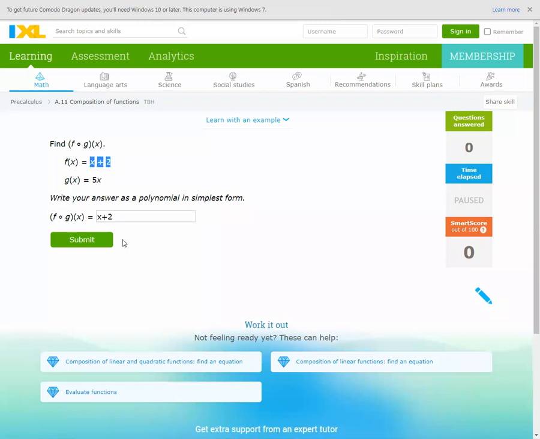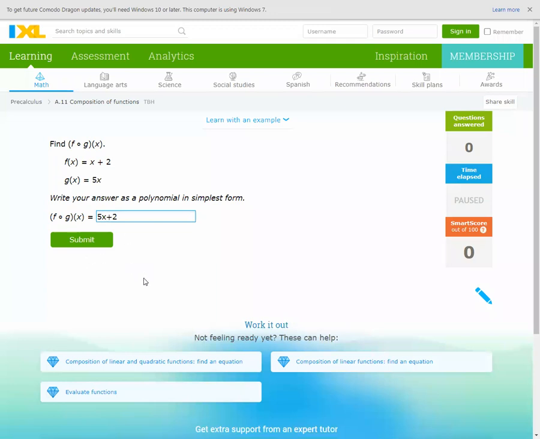Now, instead of x, you should put g. And now I am asking myself, what's g? G here is just 5x. So instead of writing g, I have to write 5x. So I'm going to replace g by 5x. So the final is 5x plus 2.